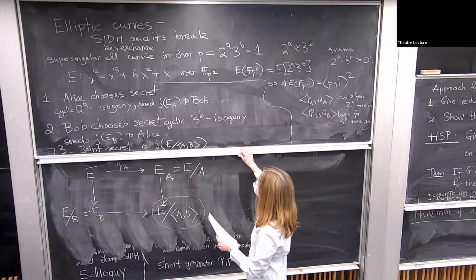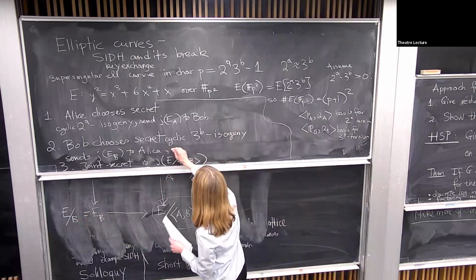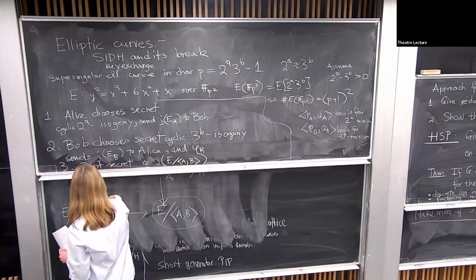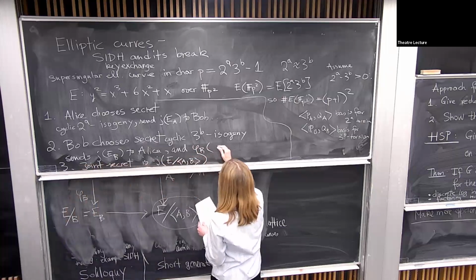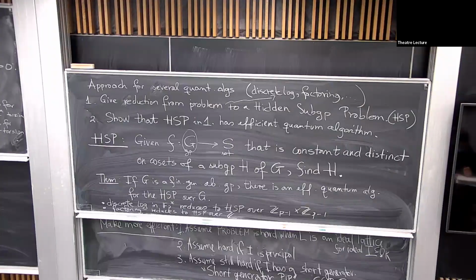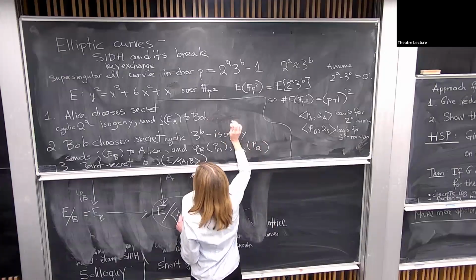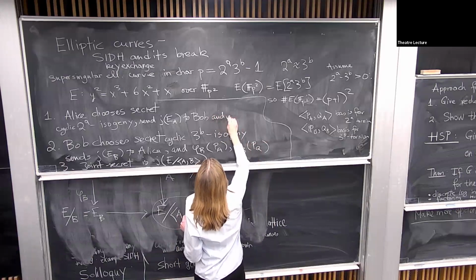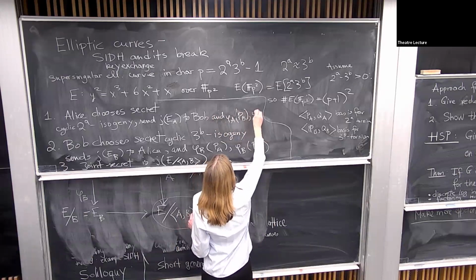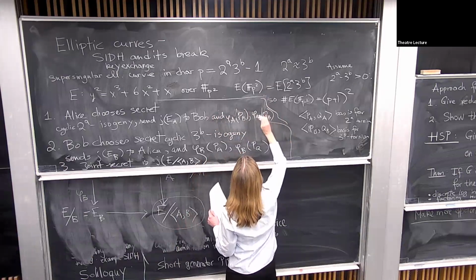So Bob also has to reveal, he has to tell her what phi_B is evaluated at the 2 torsion, and vice versa.